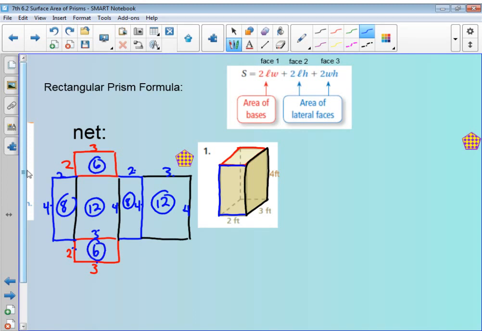So now if I add all of those together, so I'm going to chunk numbers, 6 and 6 is 12, plus 8 and 8 is 16, plus 12 and 12 is 24. Now I can just add those 3 numbers together. So I get 28 plus 24 is going to give me 52. The label is feet and it's surface area, so it's squared. So that's using the net.